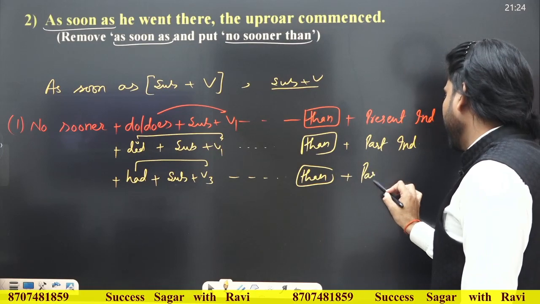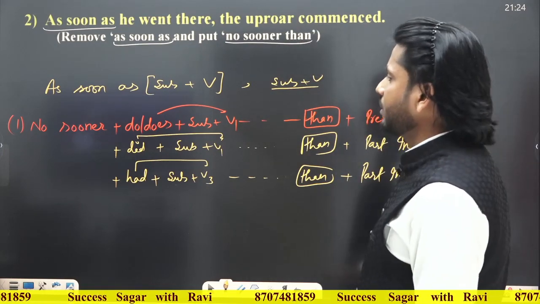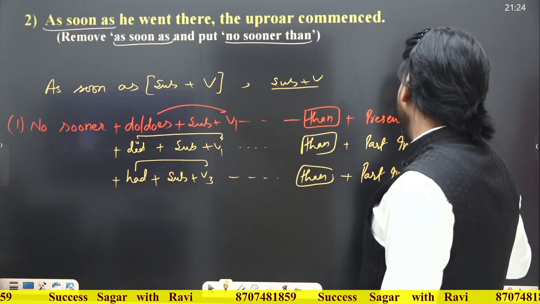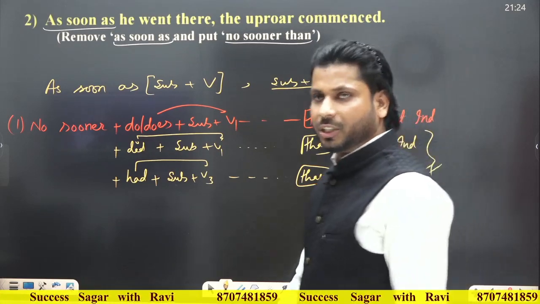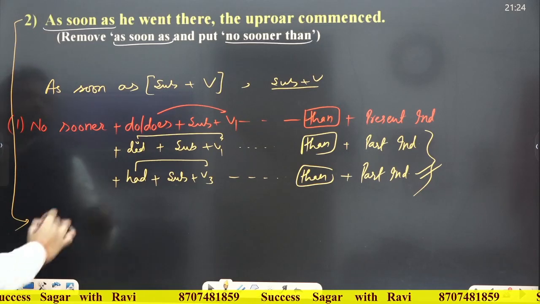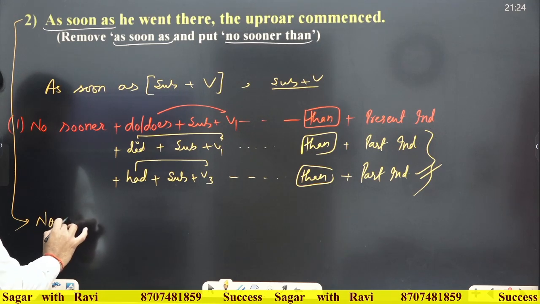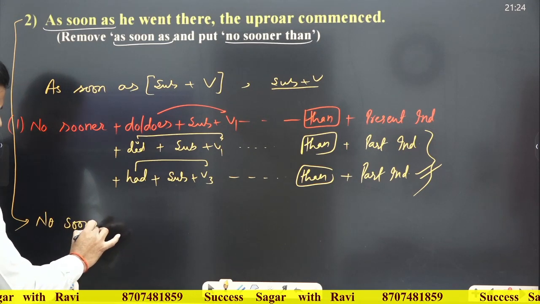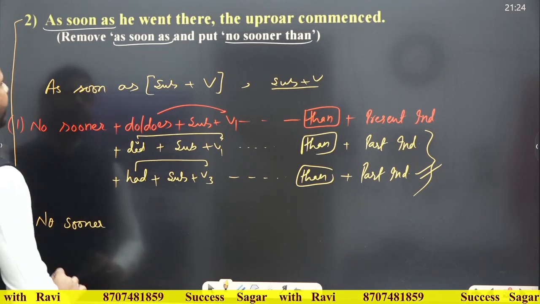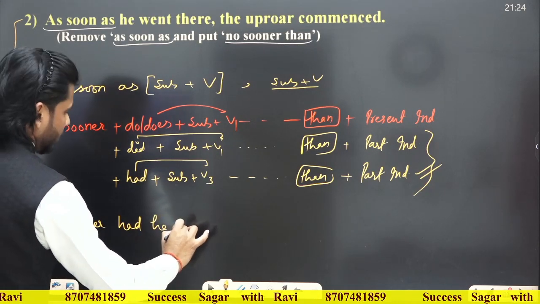Past indefinite would be there. So the given sentence is written in past. So we have got two ways. Preferably, I'll use the third structure to write the sentence using no sooner. So the correct sentence would be no sooner had he gone.